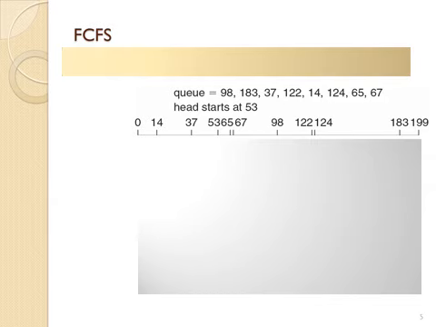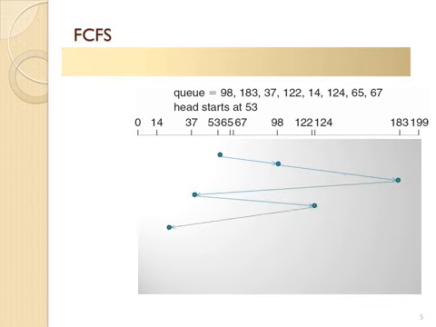So let's start with first come, first serve. So again, this is the queue, and the head is at location 53. So then it will move to 98, then move to 183, back to 37, over to 122, back to 14, back to 124, back to 65, and then move again to 67.